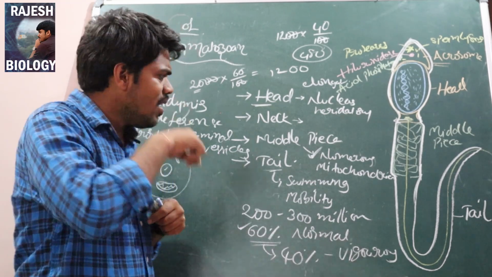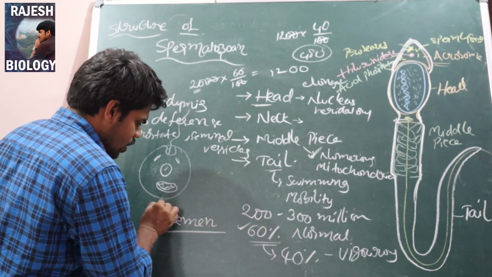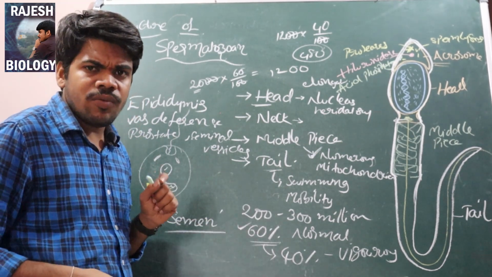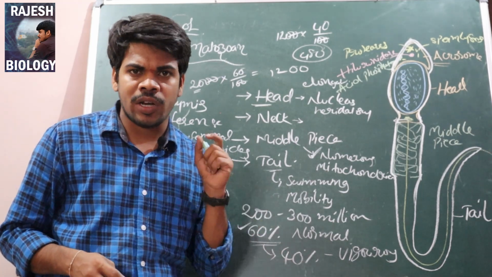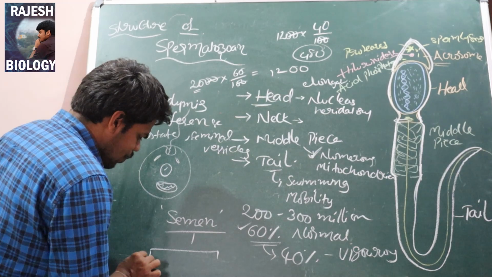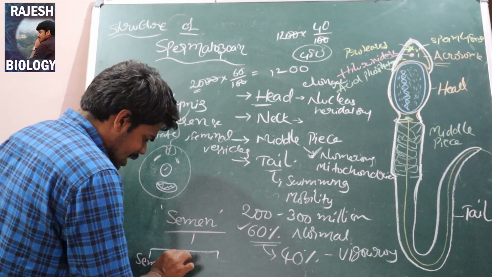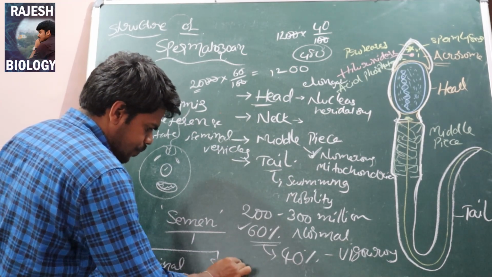Another very important point is about the semen. Semen is the fluid which comes out from the male external genitalia at the time of ejaculation, and it contains two things: seminal plasma plus sperm cells.